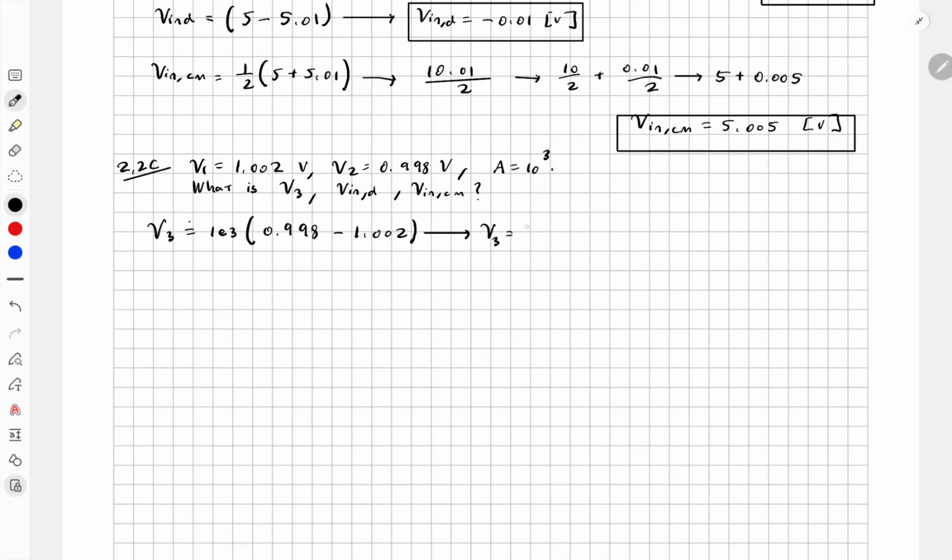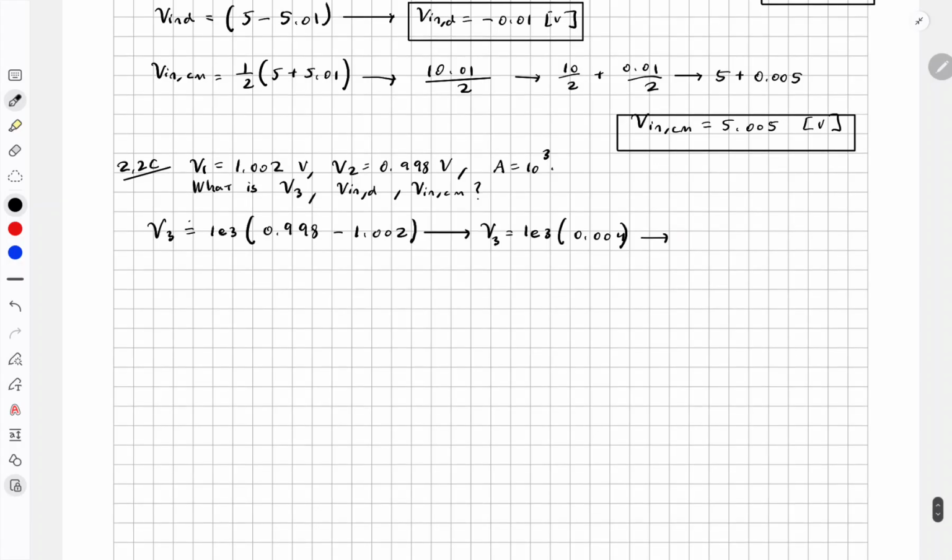Okay, so V3 is equal to 1000 times 0.004.